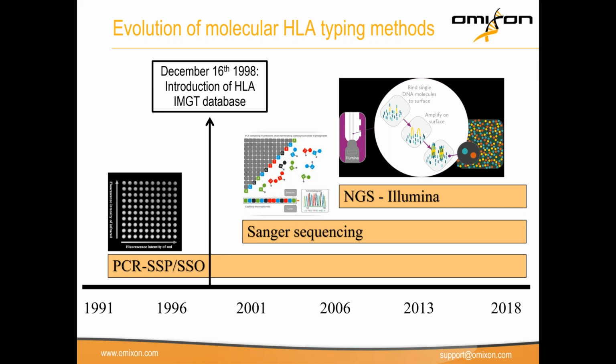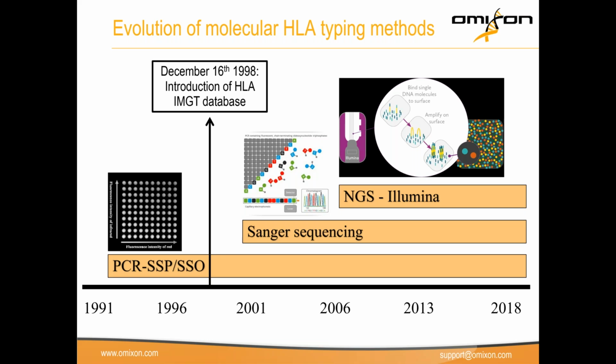So when we look back in time, the molecular testing started around the 90s, and it all started with the PCR-SSP and PCR-SSO. These were the low resolution typings, the ones that provided a first field typing. And soon after that, the IMGT database was introduced in 1998, because there was a need to have a reference database and to have a correct nomenclature.